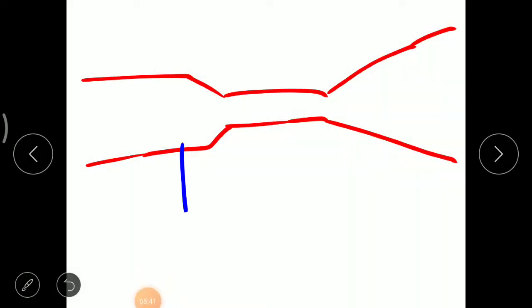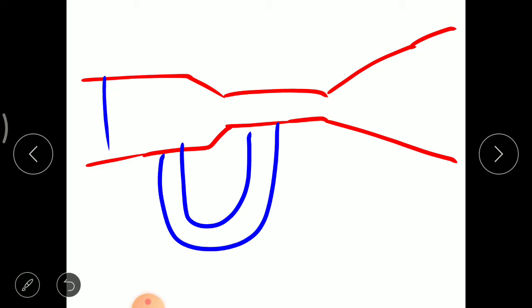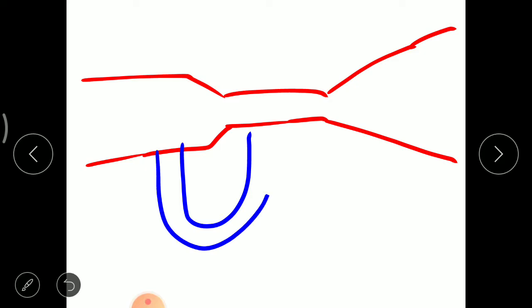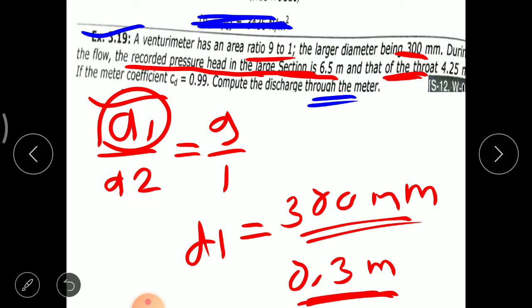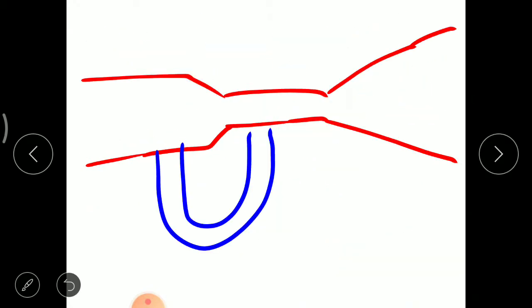This is our U-tube manometer which is connected to the larger diameter and the throat diameter. They have told us that the pressure head at the larger section is 6.5 meter, and here the height is lower, which is 4.25 meter.